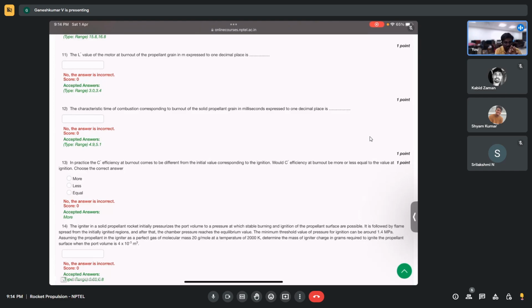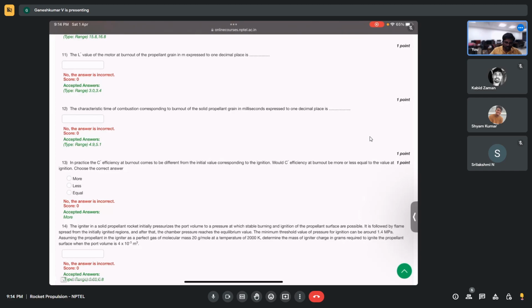During the burn time, it's going to be constant, but at the ignition and burnout, you should think carefully. At ignition, you are going to have pressure buildup inside the combustion chamber, right? So maybe you can use some of the formulas to find the pressure buildup.